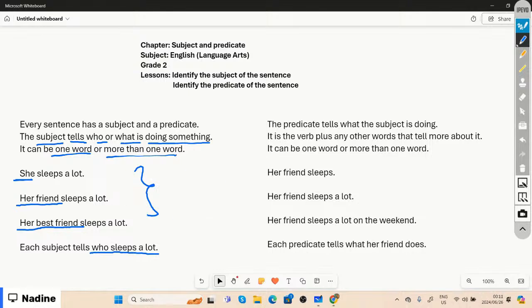All right. So then we have a predicate. The predicate within a sentence tells us what the subject is doing. So it's either what the person, the thing, or the animal is doing. It's almost like the action, it is the verb.